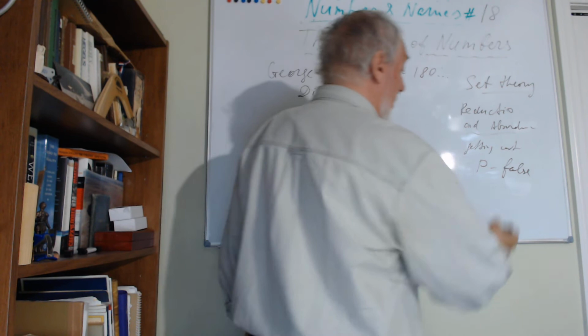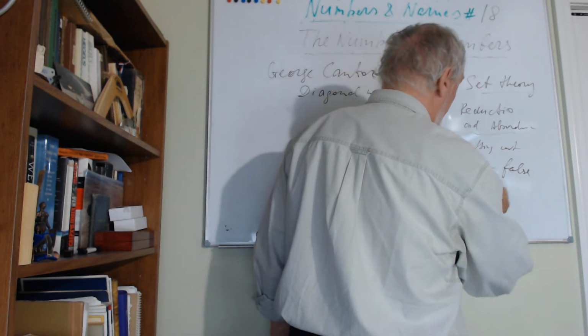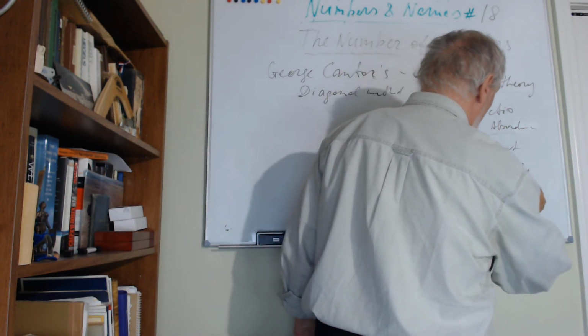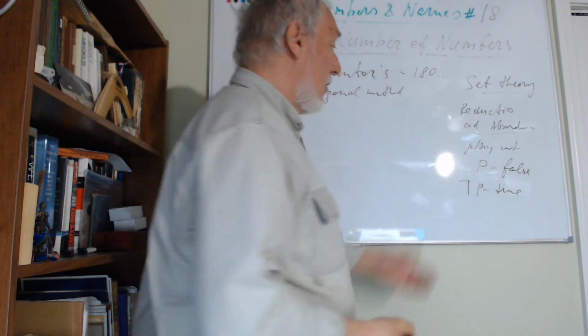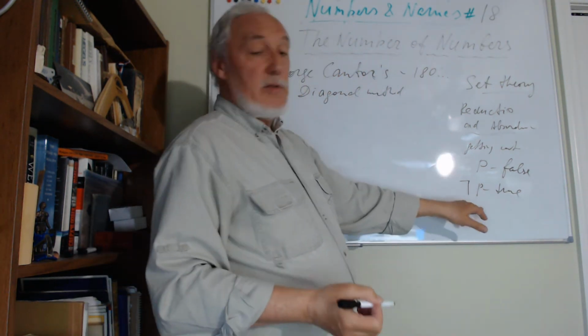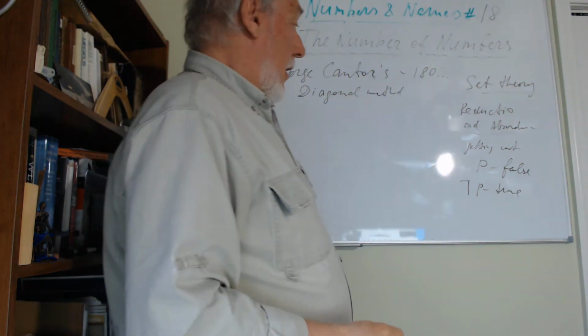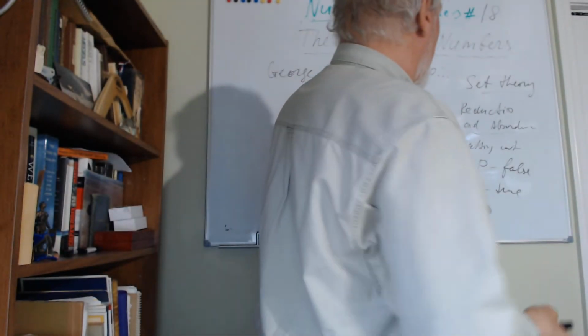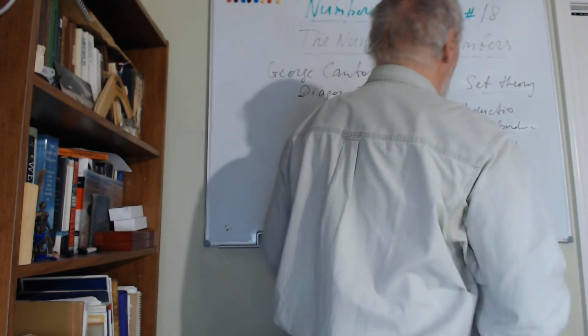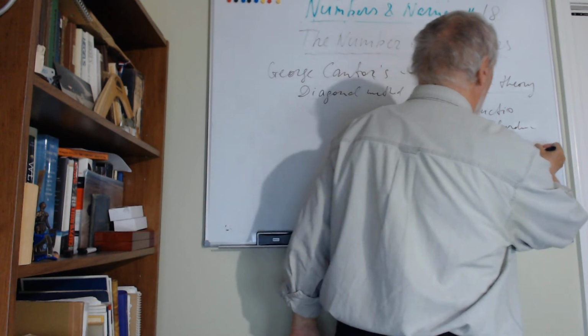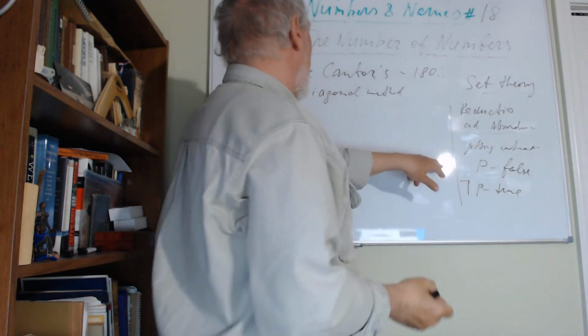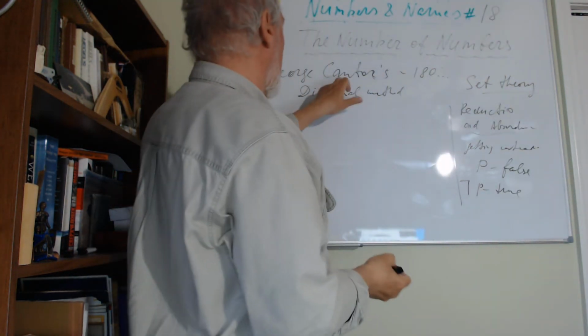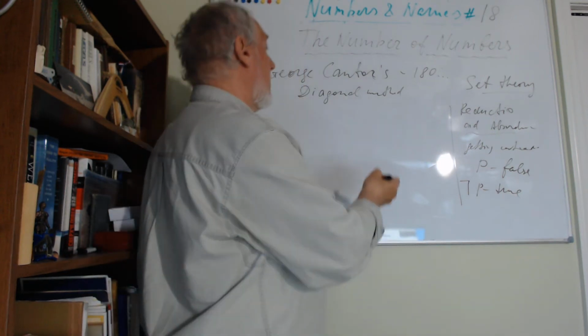So if it's false, then the negation of P is true. This is the idea of this proof, reductio ad absurdum, or getting to a contradiction. That method he used in his Cantor's diagonal proof.